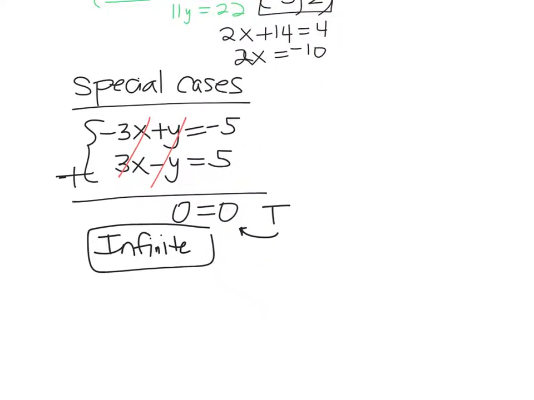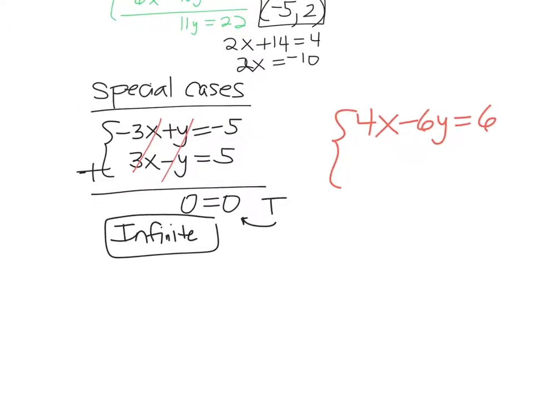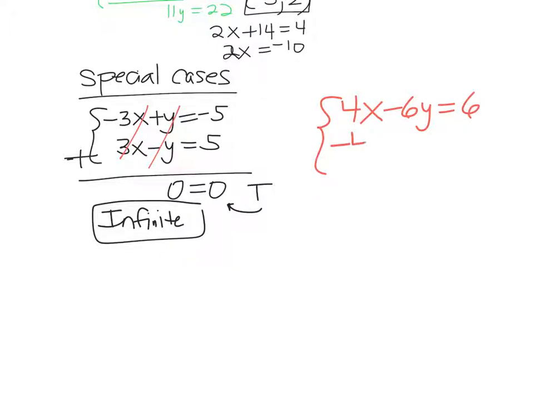Now, what does it look like to get no solutions? I'm going to do this one in red because bad. Here we go. 4x minus 6y equals 6, and negative 4x plus 6y equals 10. That's a 10.